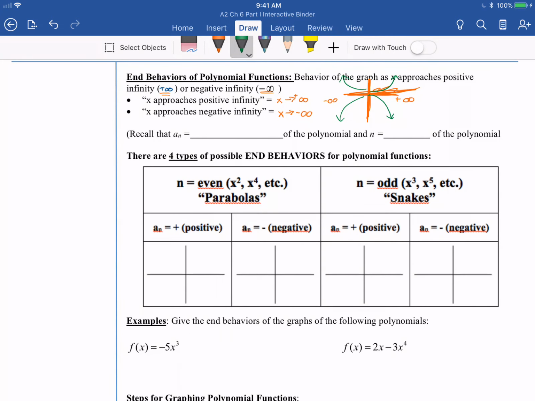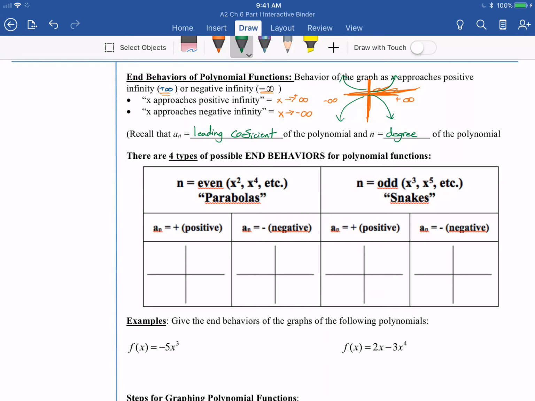Recall that a to the n is your leading coefficient, and n is your degree. All right, so we're going to look at these two different things. The leading coefficient and the degree are going to tell us all about the graph of this polynomial.